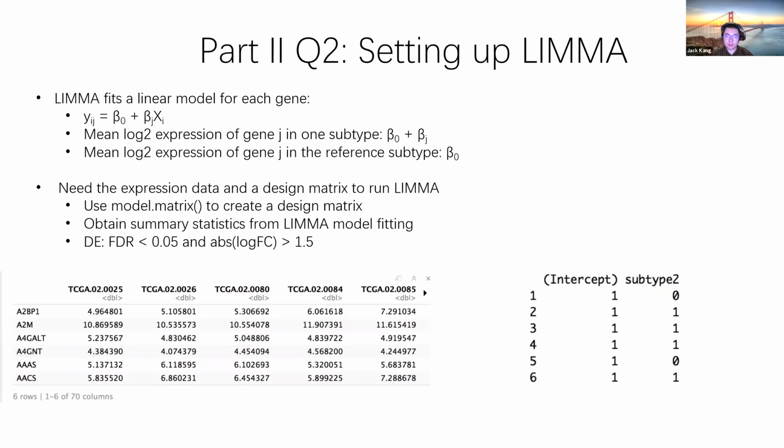And you use this model matrix, just like linear regression, to feed the limma model. And similarly, like DESeq2, you will get a result table. And you use the cutoff shown here, FDR smaller than 0.05 and absolute log2 fold change over 1.5, to call differentially expressed genes.